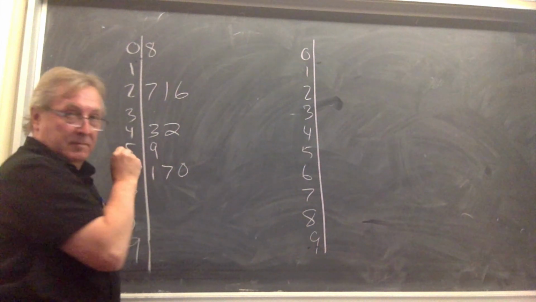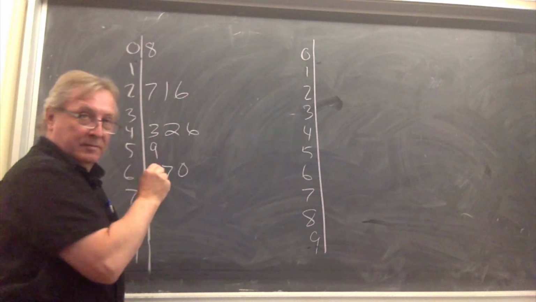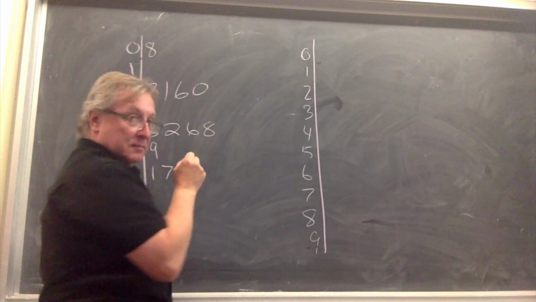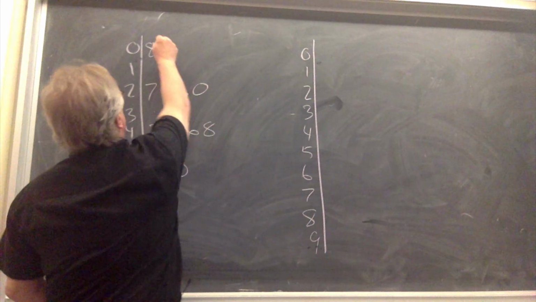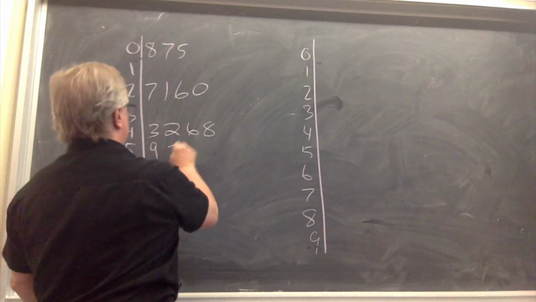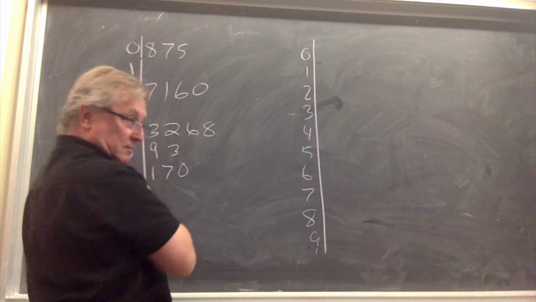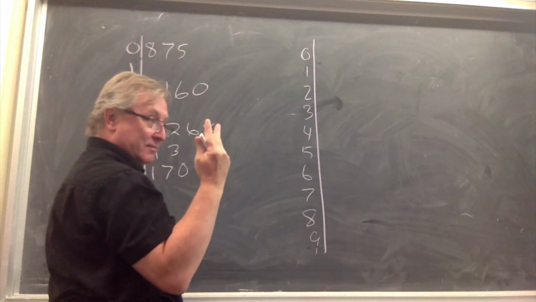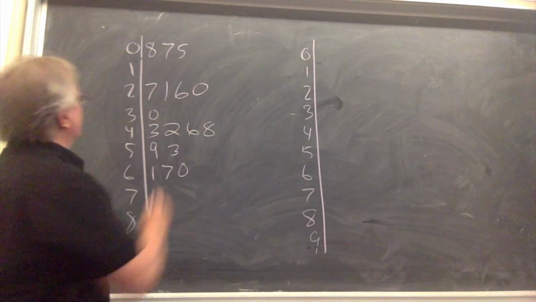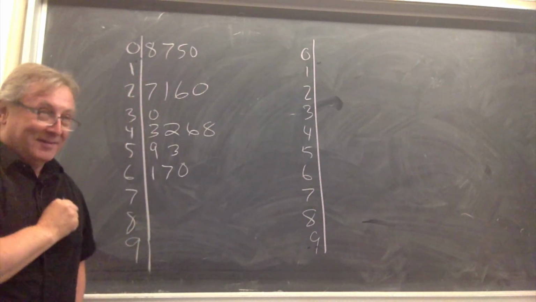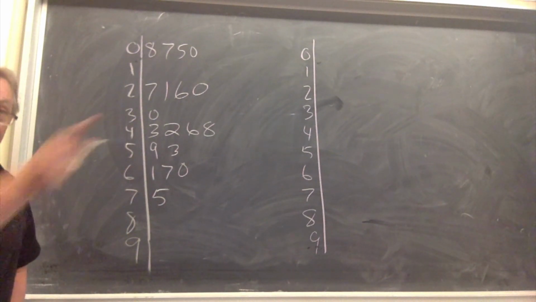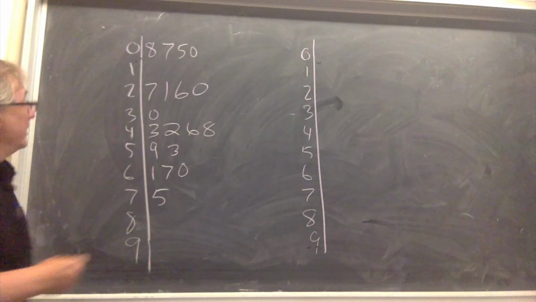Yep. 46, quicker. 48, faster. 20. 07. 05. 53. What? Last two numbers. Really? Okay. 75. Sorry? 80.